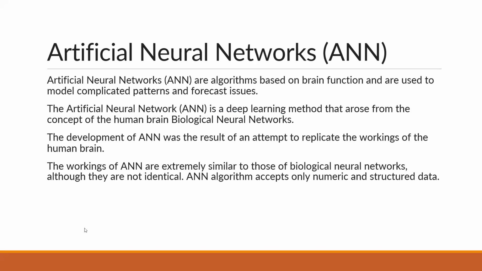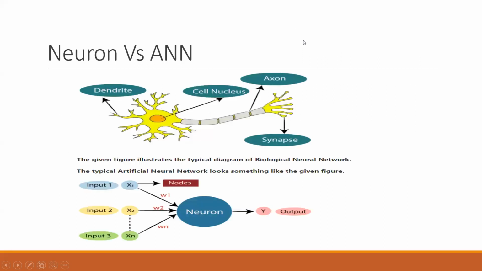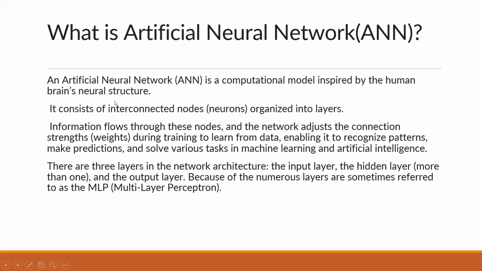Next, we'll study the structure of the neural network, how it is actually working, and what are the various layers which are used in neural networks. A neural network basically consists of interconnected nodes, neurons, which are organized into layers. The information flows between these nodes.